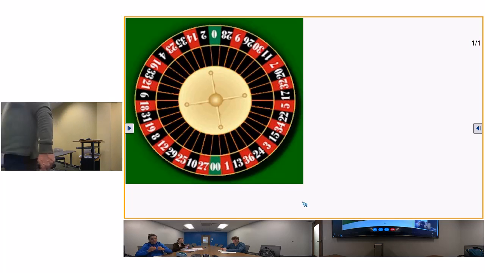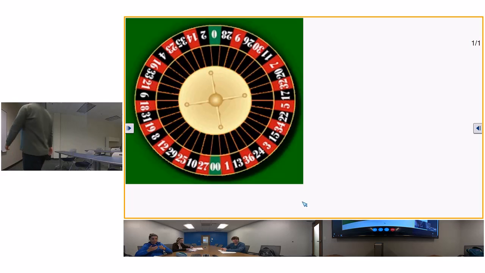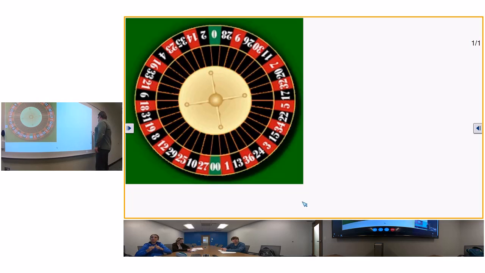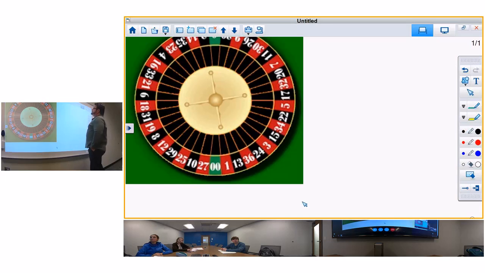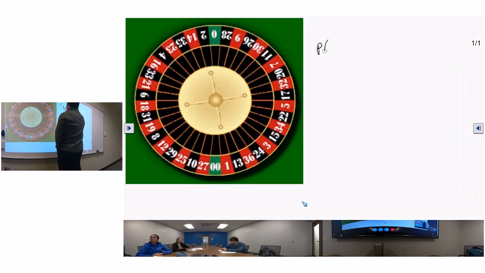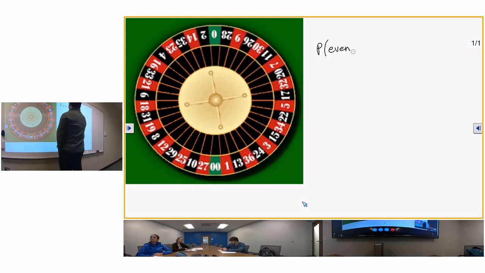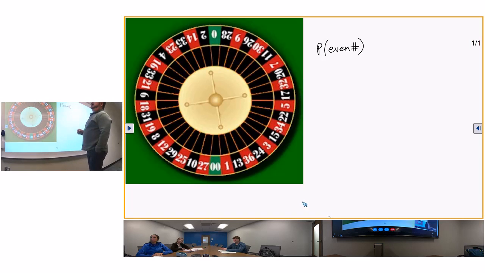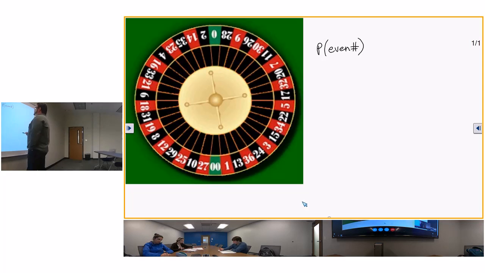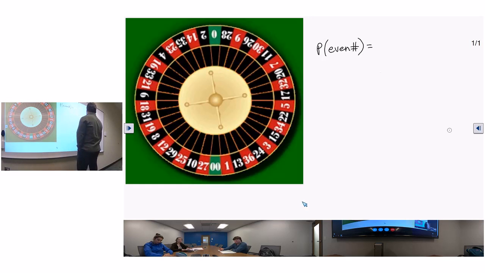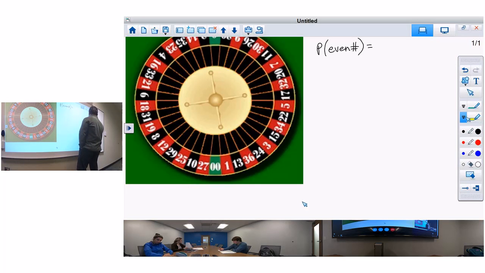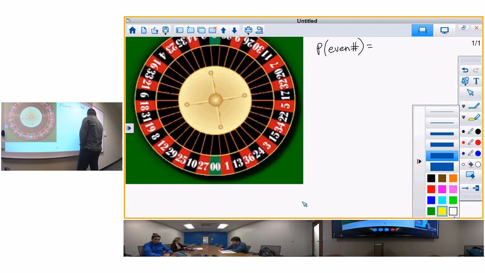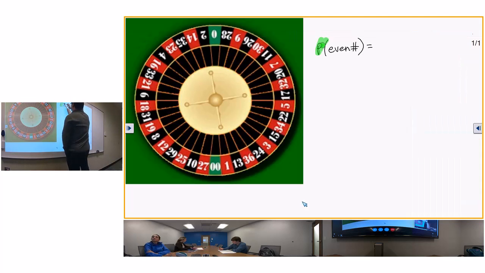So, the first thing you do is you find out what is success and what is failure. What do you mean? Well, if they ask you what is the probability of it falling on an even number, then success is the marble falling on an even number. So we're going to highlight this as green so we know that is success.